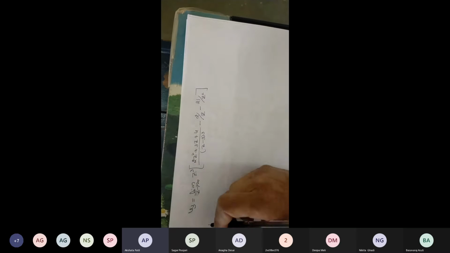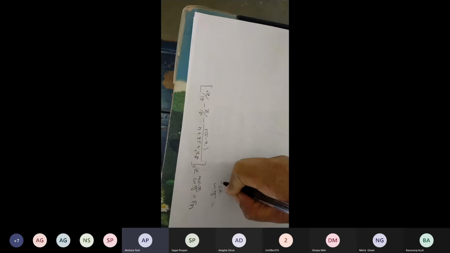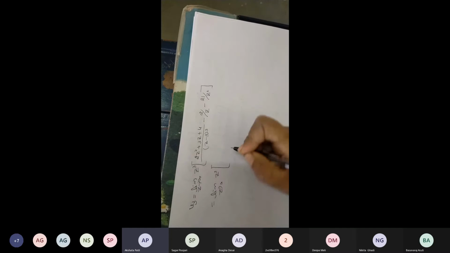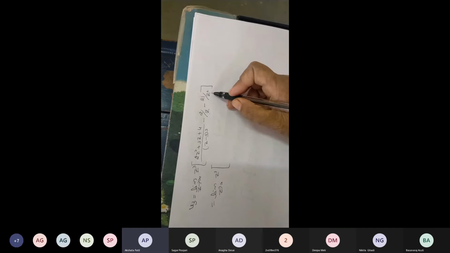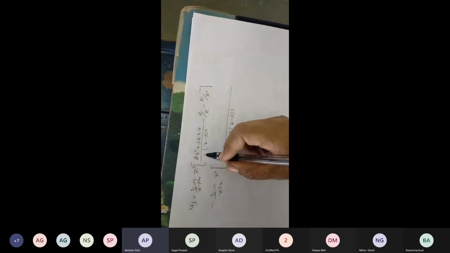Now here we can simplify the inside terms. This z cube we can keep as it is. So here z into z square, that is z cube. Take the LCM here, so z cube into (z minus 3) the whole cube. So multiply z cube here.